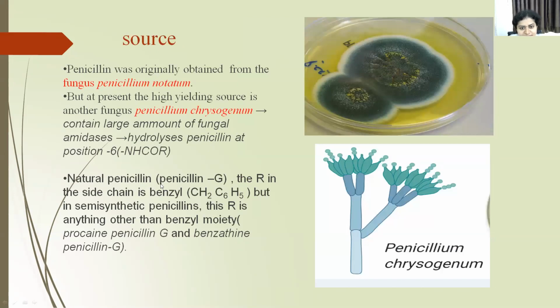The natural penicillin is otherwise called penicillin G. In this, the R in the side chain is a benzyl group, that is CH2C6H5.